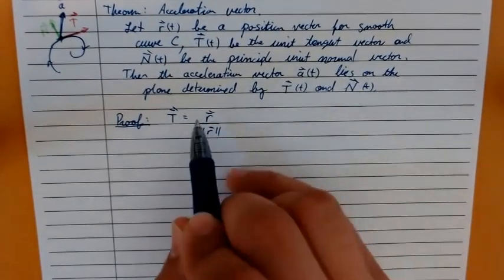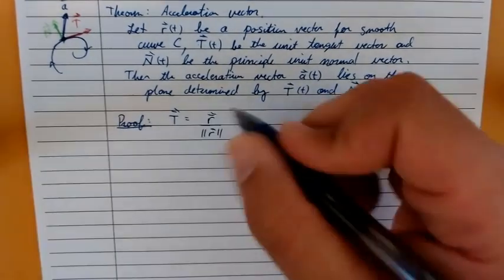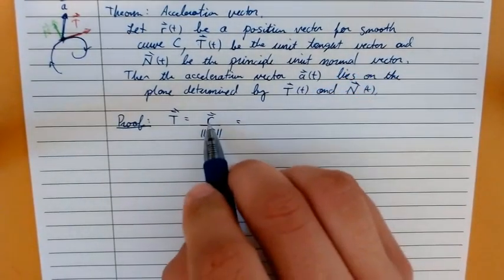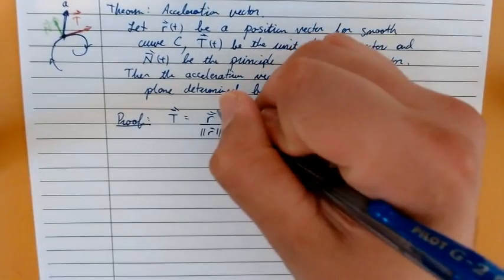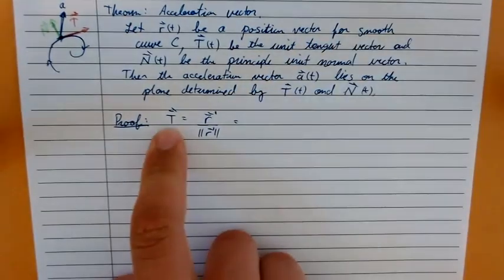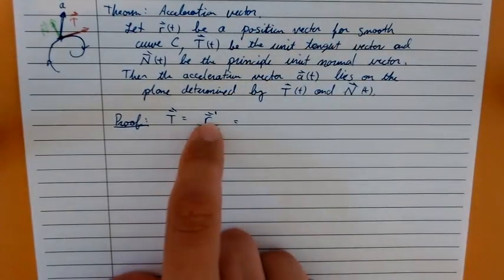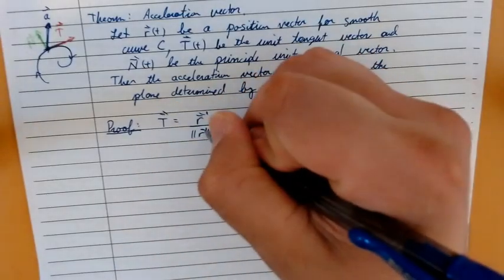They are still functions of t, though. Oh, I'm forgetting my derivative. There we go. By definition, the unit tangent vector is equal to the derivative of the position function over the magnitude of the derivative of the position function.